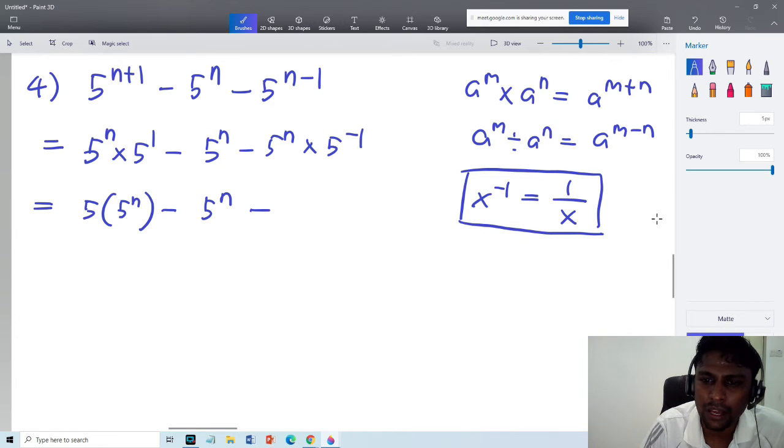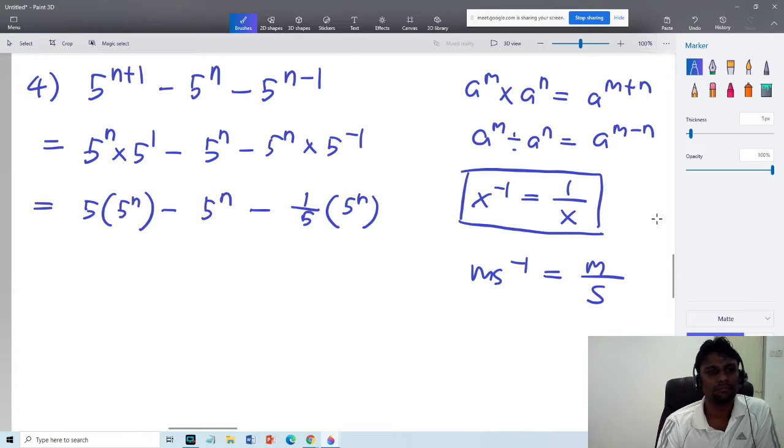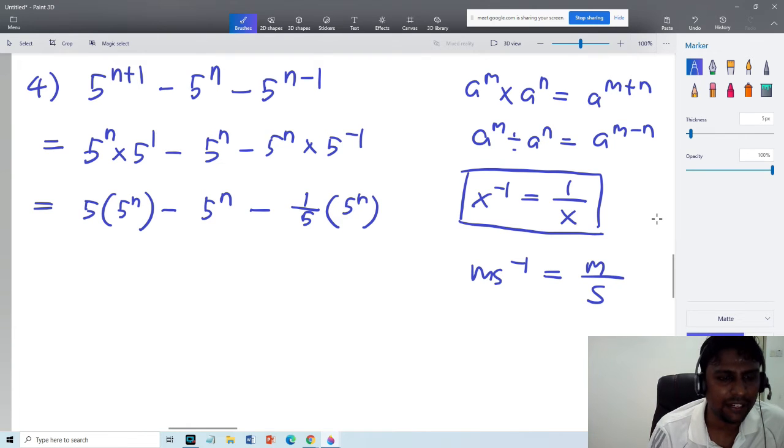Remember you have meter per second. Meter per second is actually meter times second to the power of -1, so the -1 is sitting down as a denominator here. So I can put here 1 over 5 times 5 power of n.